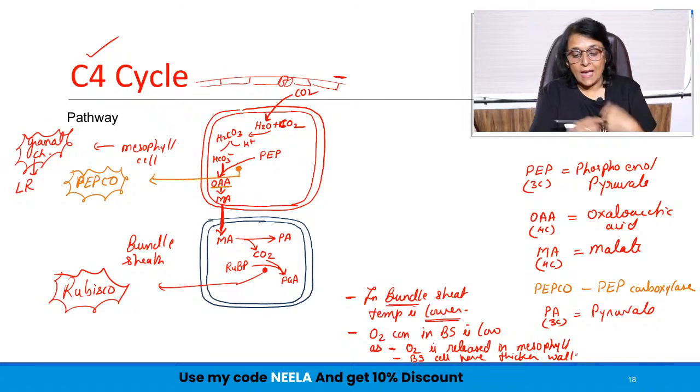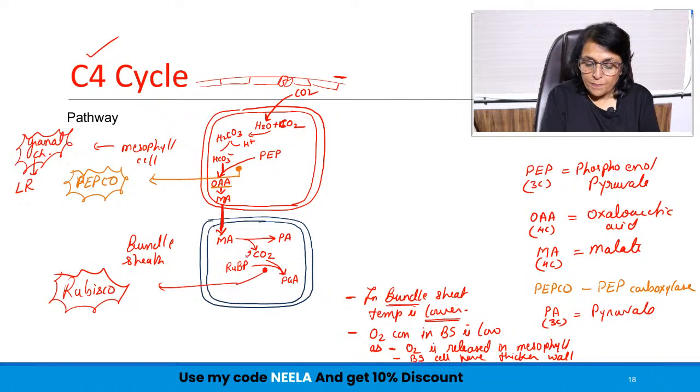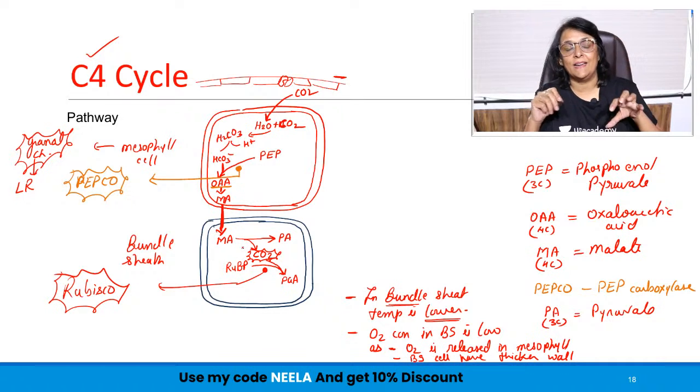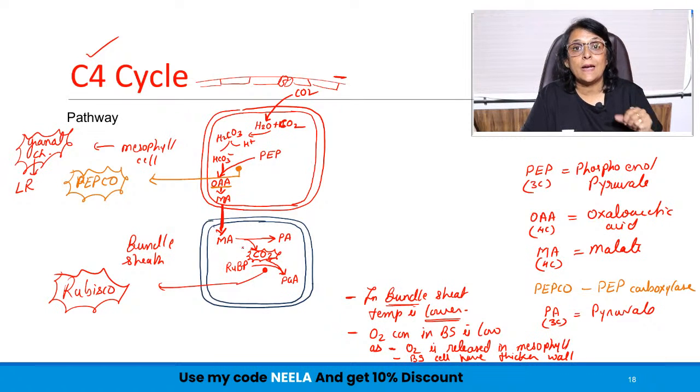And we have this carbon dioxide here, which is sort of bombarded on the head of that Rubisco. So if there is more and more carbon dioxide, even if some oxygen diffuses in, the concentration of carbon dioxide will always be more than oxygen. Both the problems taken care of, high temperature and concentration of oxygen.